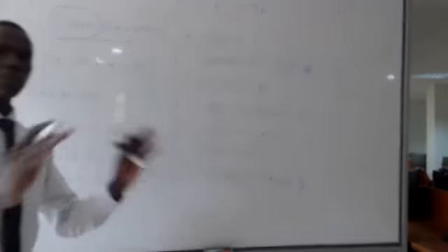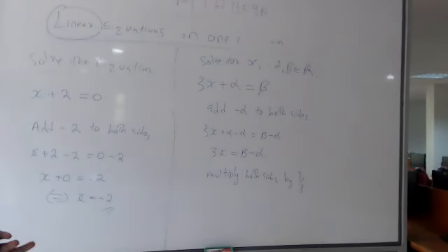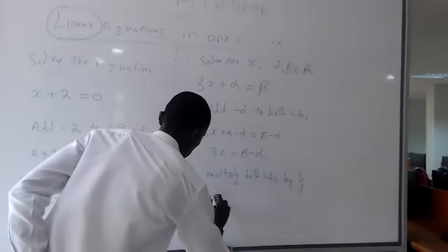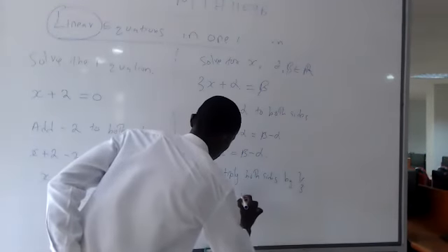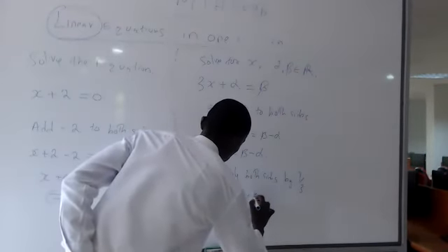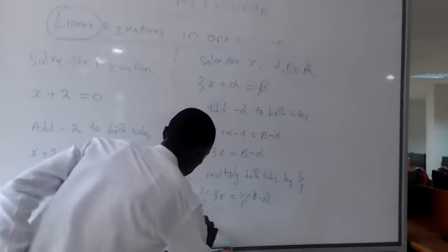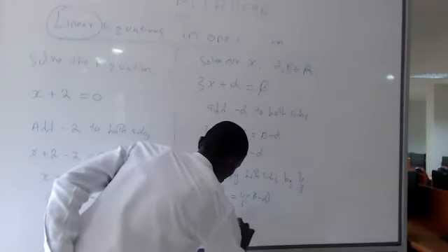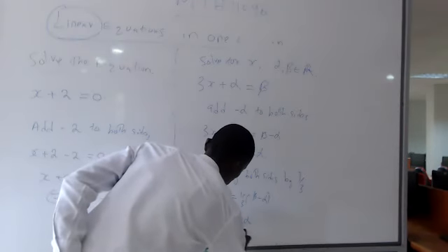Because we said if you multiply both sides by the same non-zero term, the meaning of the expression does not change. You get an equivalent system. So a third times 3x is the same as a third times beta minus alpha. Finally, you have x is equal to beta minus alpha, all over 3.